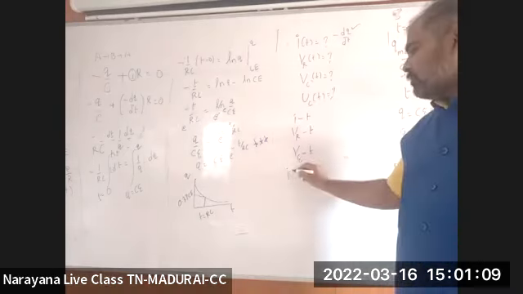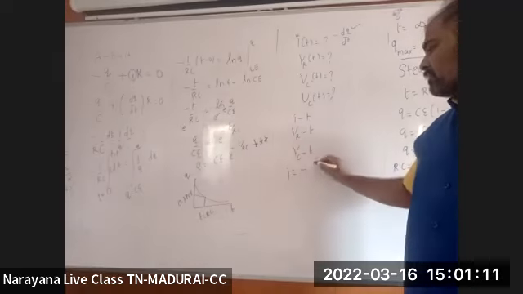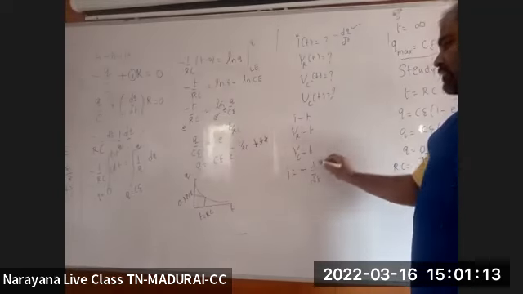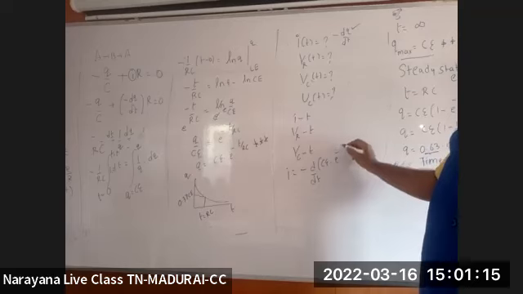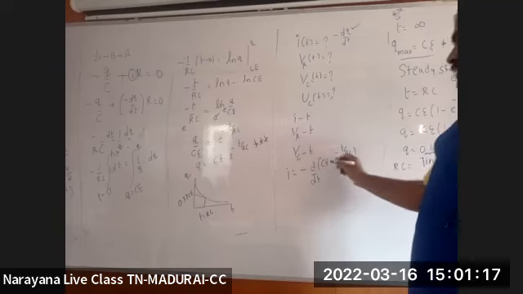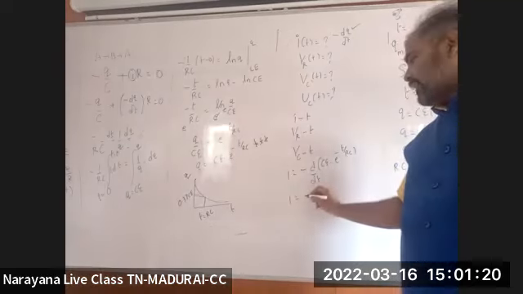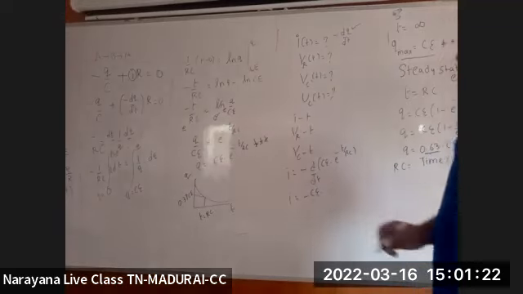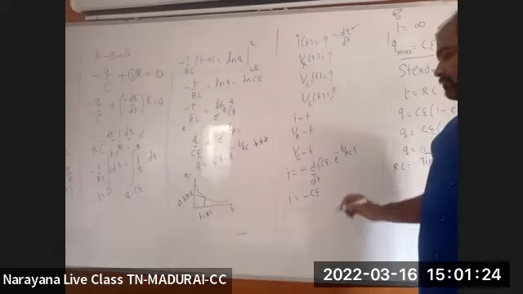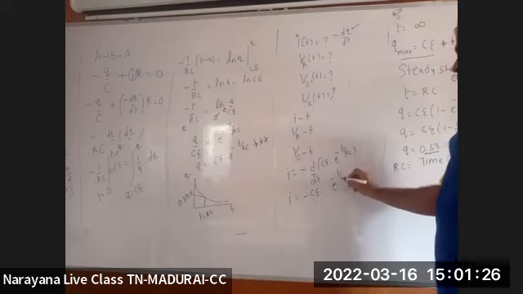How is I equal to minus dq by dt? Q value here is C into e power minus t by RC. So C into E I will write outside. What is the differentiation of e power? Same e power minus t by RC.